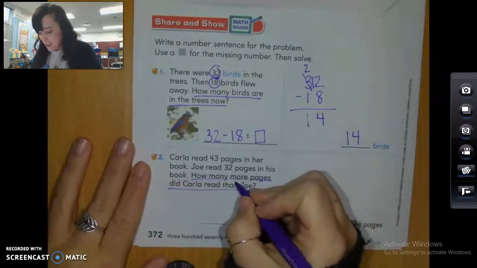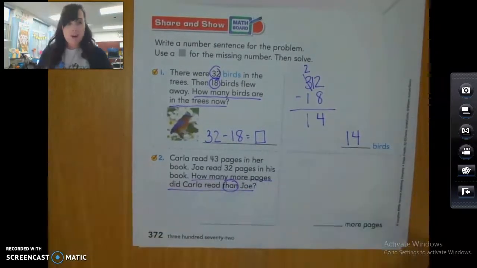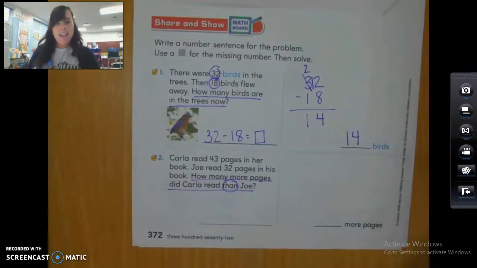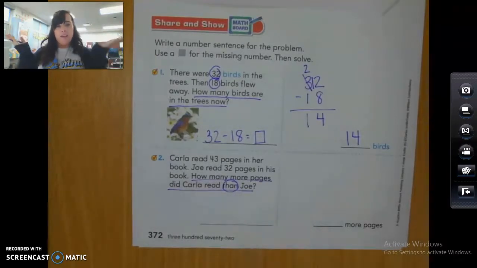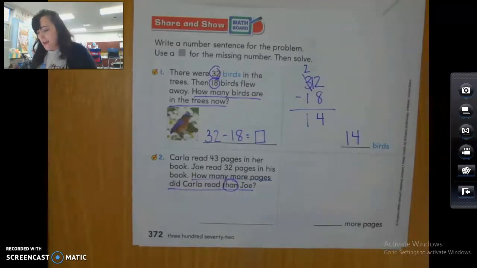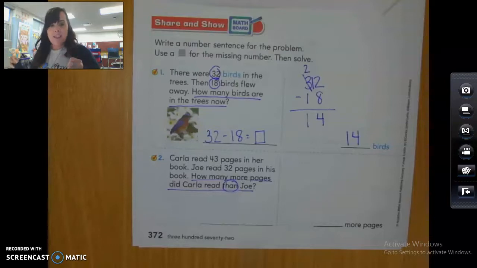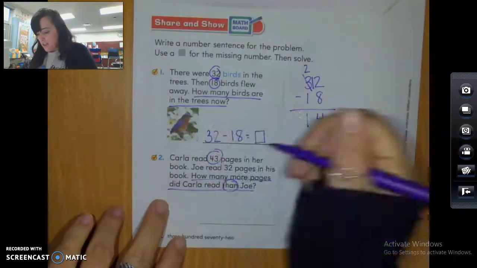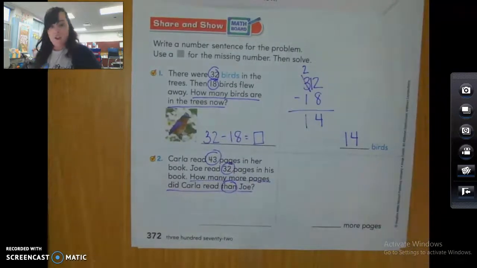Did you guys hear that super awesome math word, than? What does than mean? It means subtraction, right? If you see than, it means we're comparing two things. So if we compare in math, that means we are subtracting. So let's figure out a number sentence for this problem. Carla read 43 and Joe read 32.